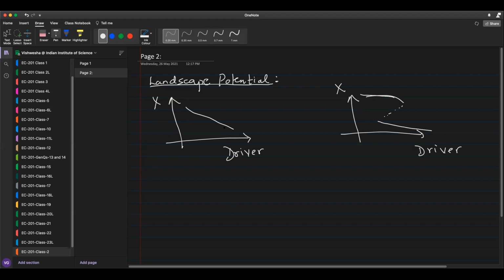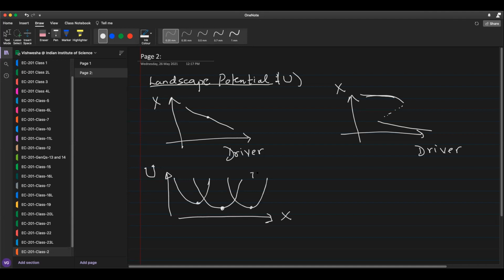So the idea of potential is as follows. We can think of this system as having one minimum. And there's something called ecosystem potential that we denote by U, as a function of X. This minimum corresponds to the stable equilibrium for any given value of the driver. As the driver changes, the minimum of this potential landscape changes in location.